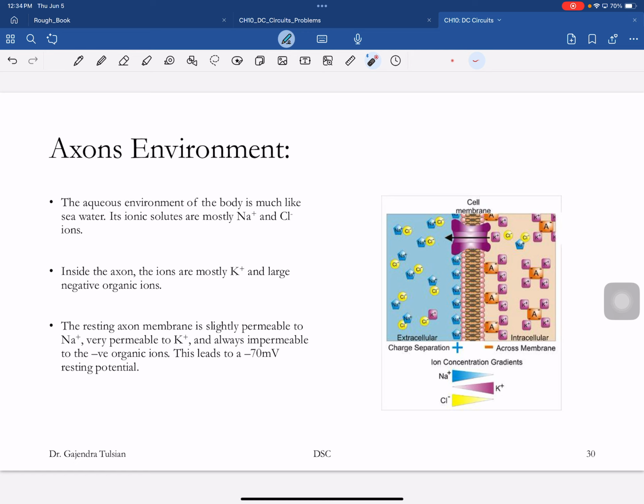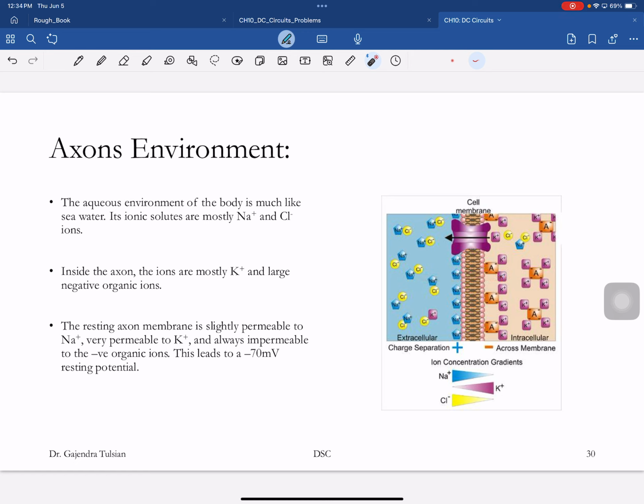Now diffusion, you guys know diffusion: if you have a permeable membrane and a higher concentration, these ions will migrate out.